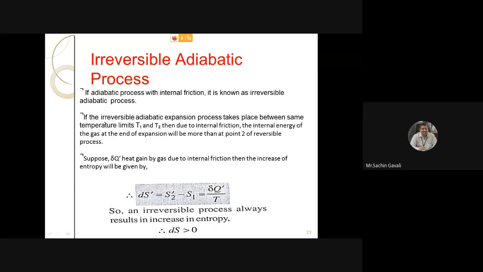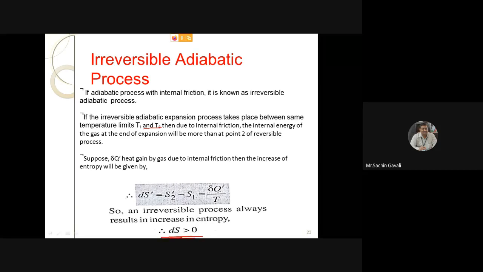If the irreversible adiabatic expansion takes place between the same temperature limits T1 and T2, due to internal friction the internal energy of the gas at the end of expansion will be more than at point 2. Suppose delta Q is the heat gained by the gas due to internal friction, then the increase of entropy is given by S2 minus S1 is equal to delta Q by T. Generally we say that it always results in an increase of entropy.